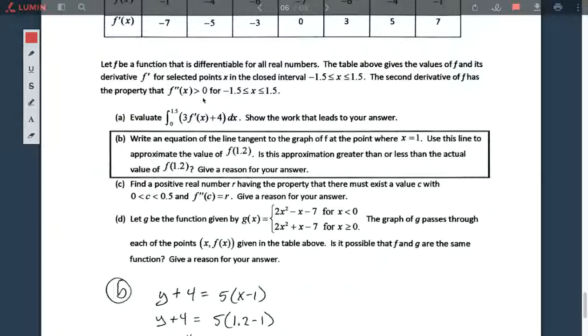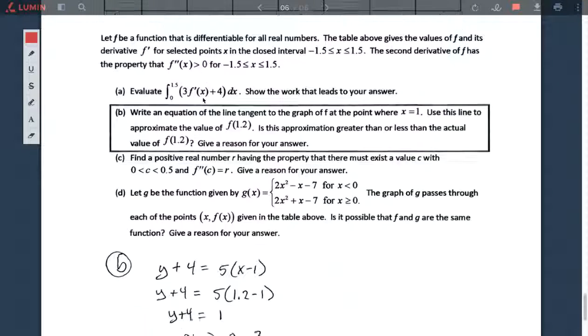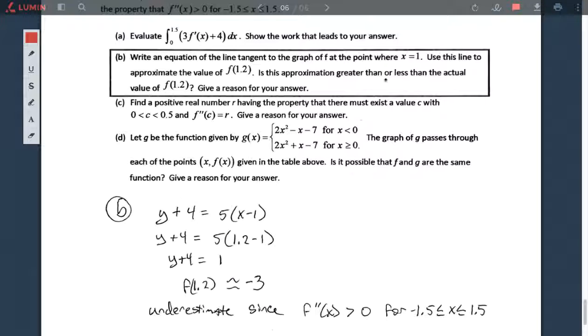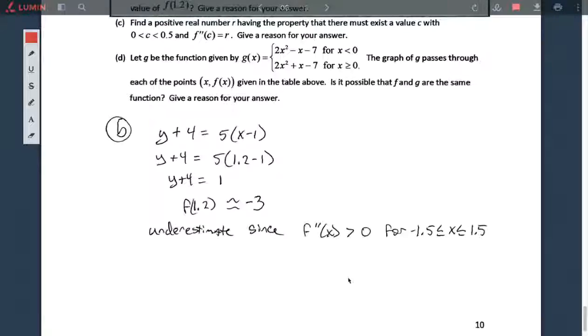If I'm concave up, then the tangent line is below, and that means I'm dealing with an underestimate. So I said underestimate since f double prime is greater than 0 on the interval they gave me. So I probably should have actually answered it as less. They should take underestimate though. So my estimate is less than the actual value.